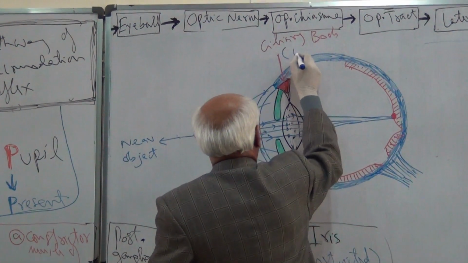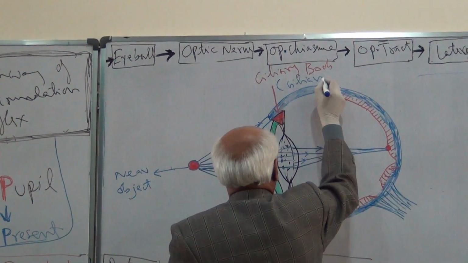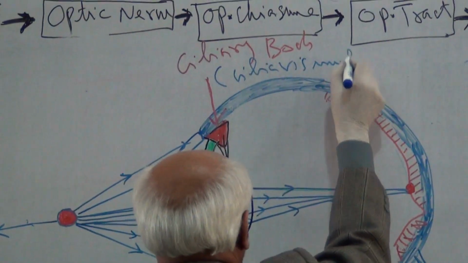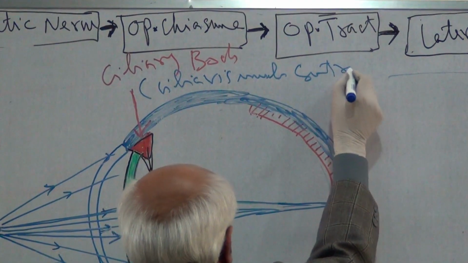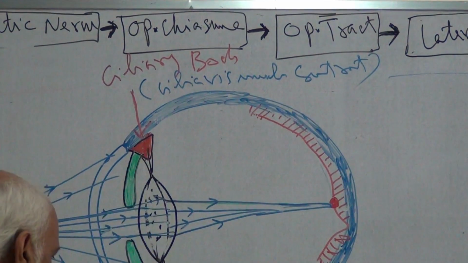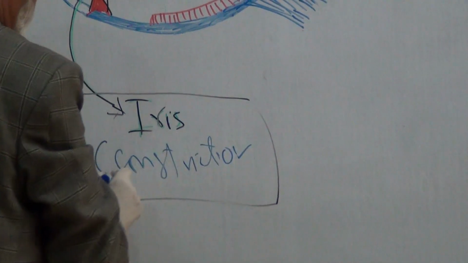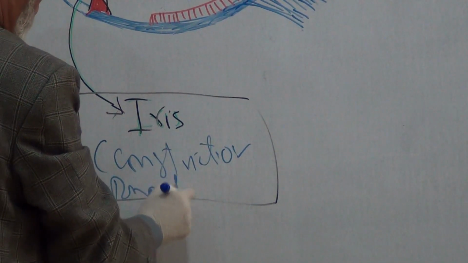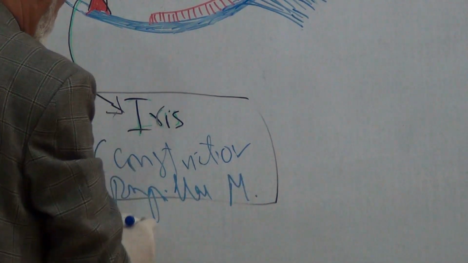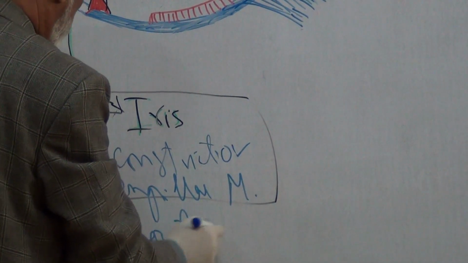Here, the ciliaris muscle contracts. Here, the constrictor pupillary muscle contracts.